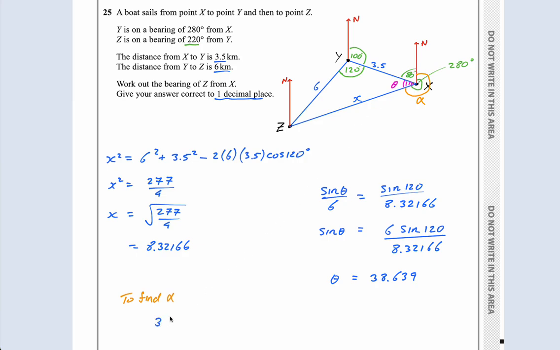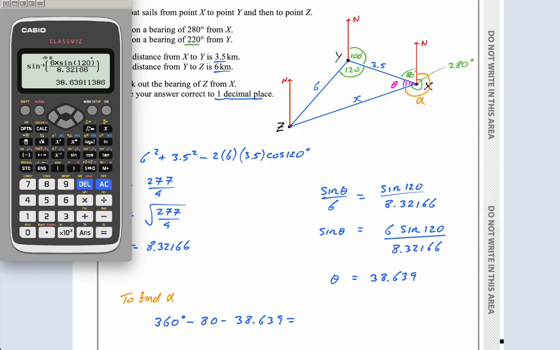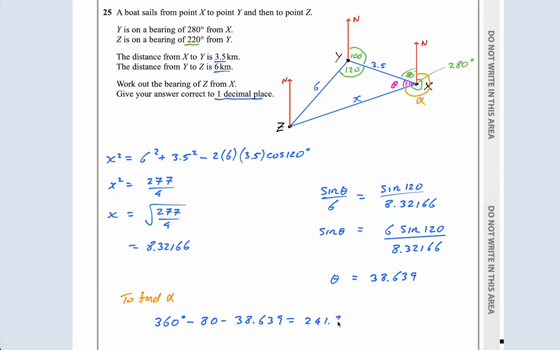This was always my plan guys, 360 degrees, minus 80, and minus this pink angle, 38.639. This gives me 360 minus 80 minus 38.639, and I get 241.36. To one decimal place, 241.4, and that is the correct answer.